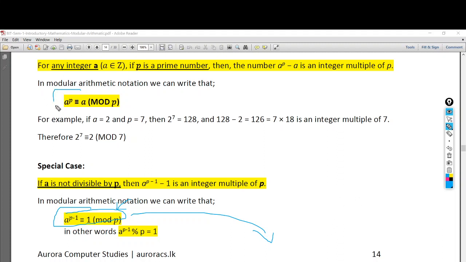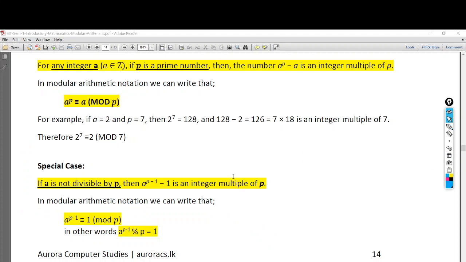But remember this one, because that is not difficult to remember: a to the power p is congruent to a in mod p, as long as p is a prime number and a is any integer. We are going to use the special case of this when it comes to calculating inverse values.